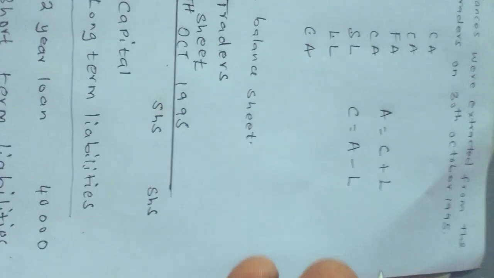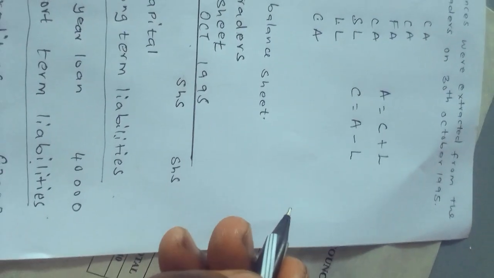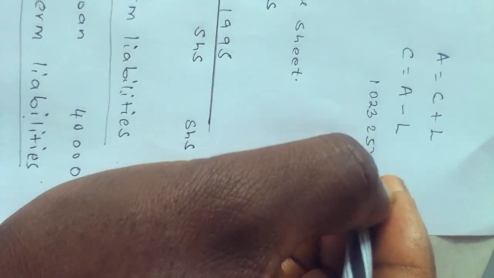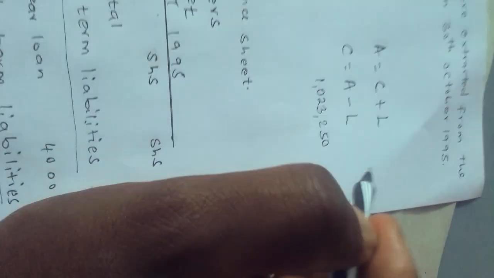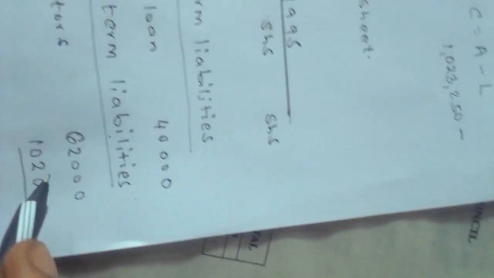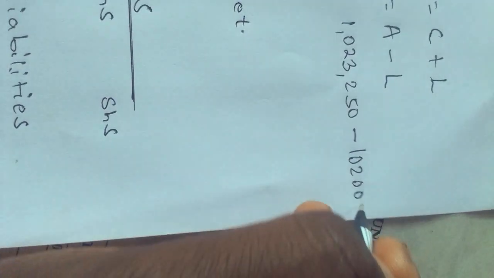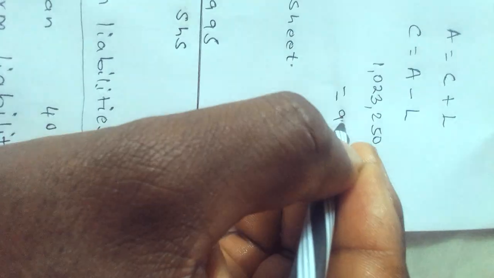Learners, you will get 1,023,250. So, learners, as you can see, if you take capital, you add the long-term liabilities and short-term liabilities, you will get 1,023,250, and then you underline by using two lines.